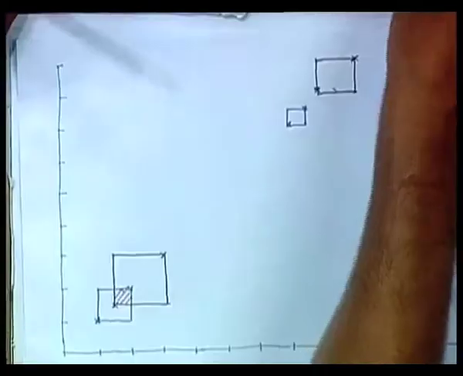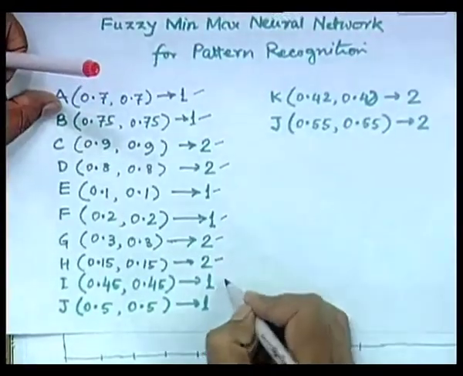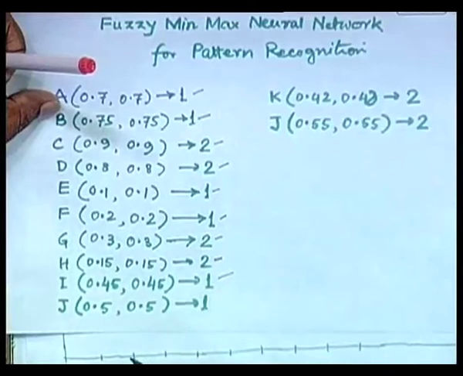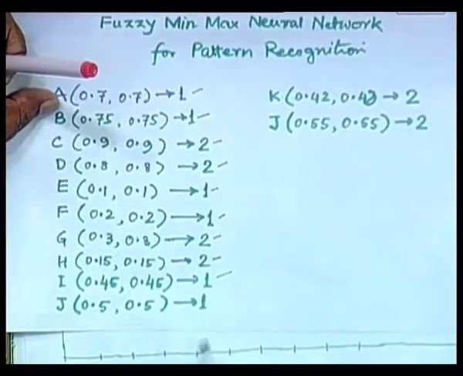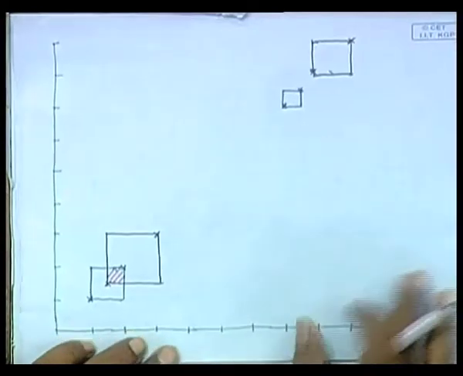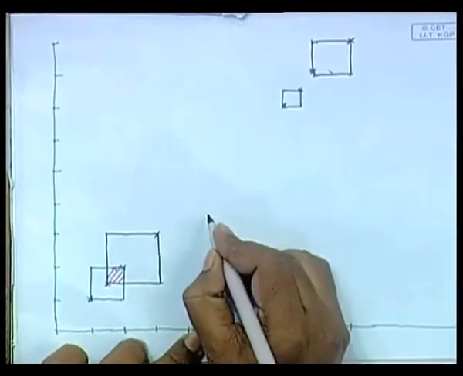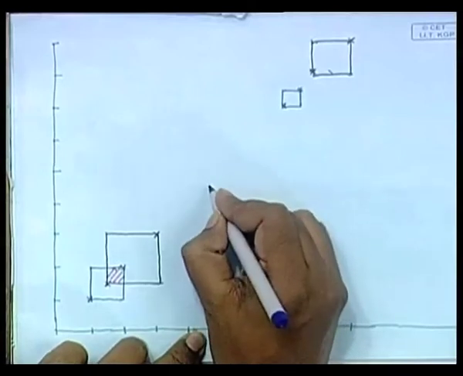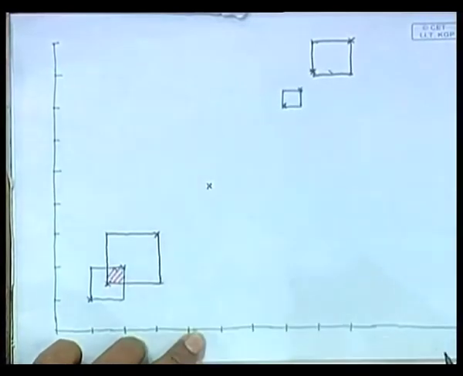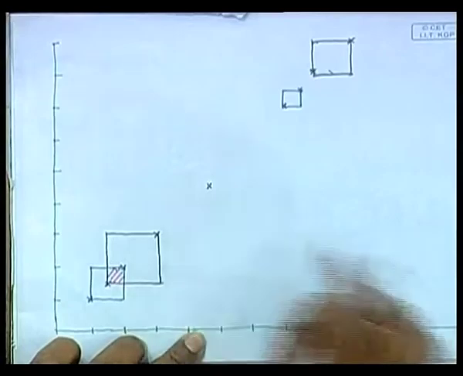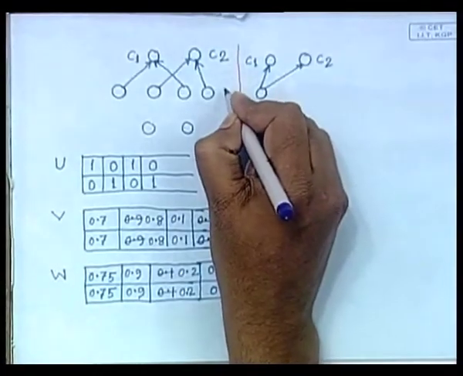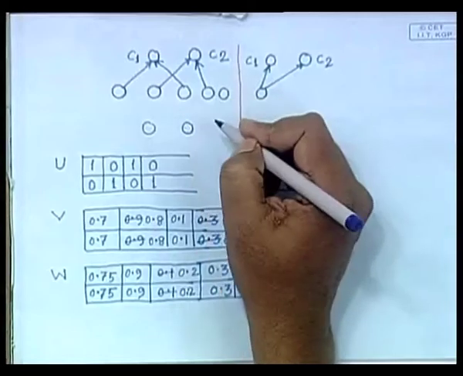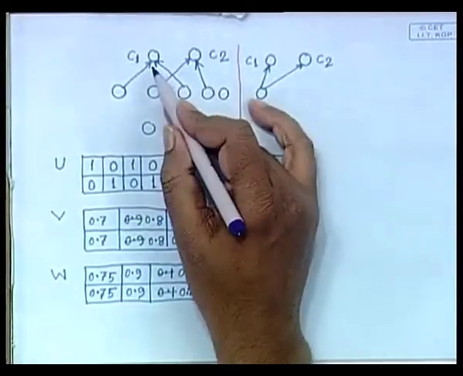And after that, when I next take the next point, that is 0.45, 0.45, which belongs to class 1, it will come somewhere over here. Again for this I have to enter one node in the classification section, and this node belongs to class C1.